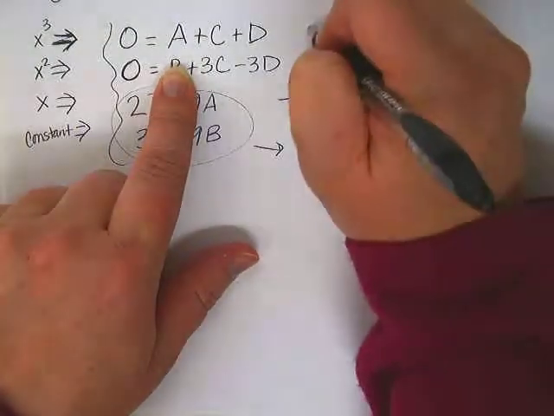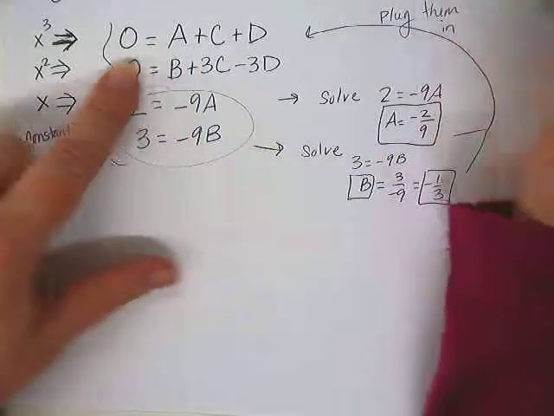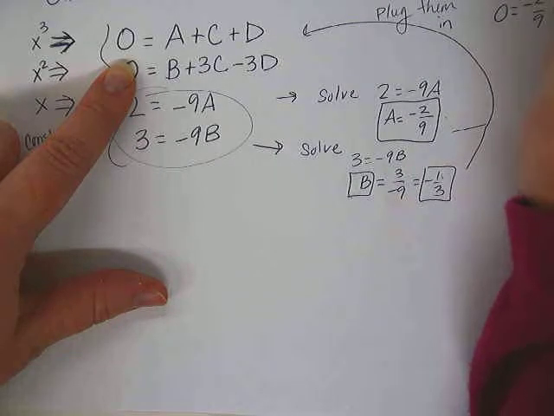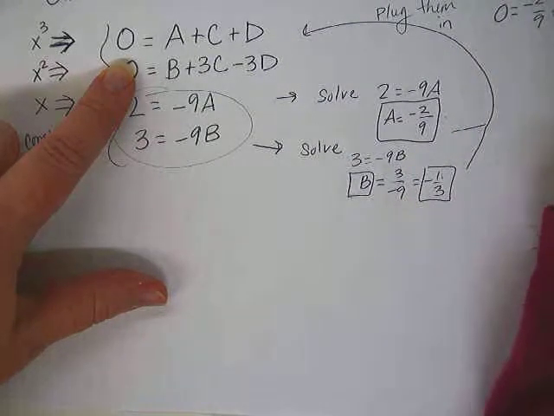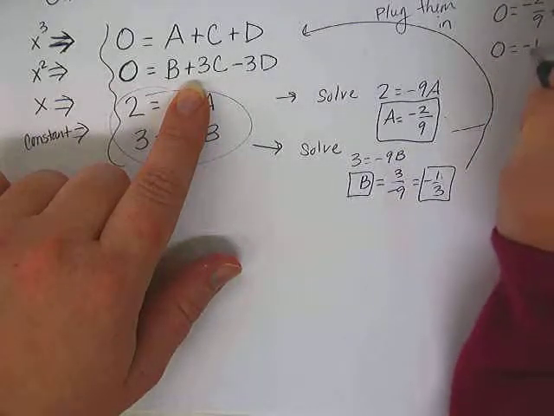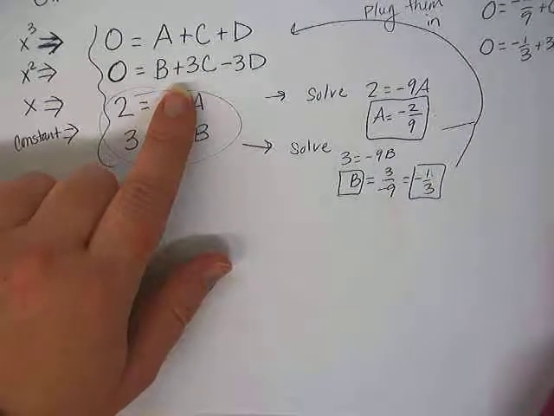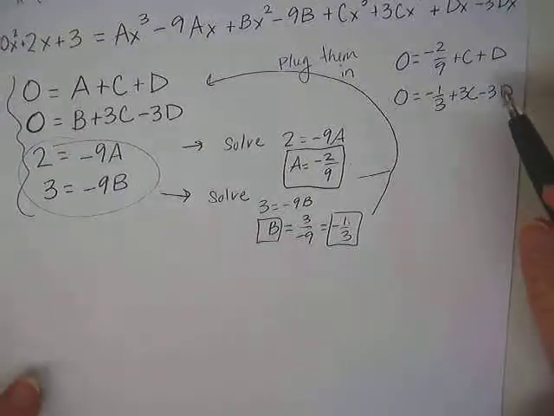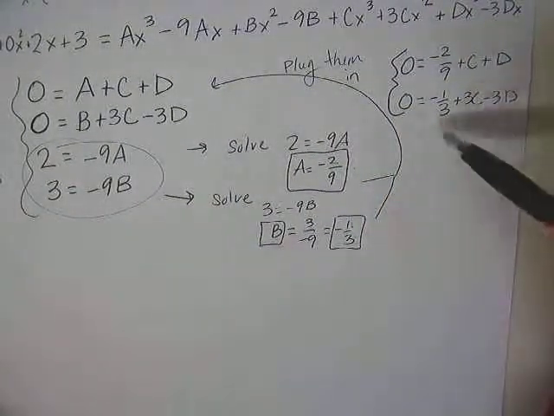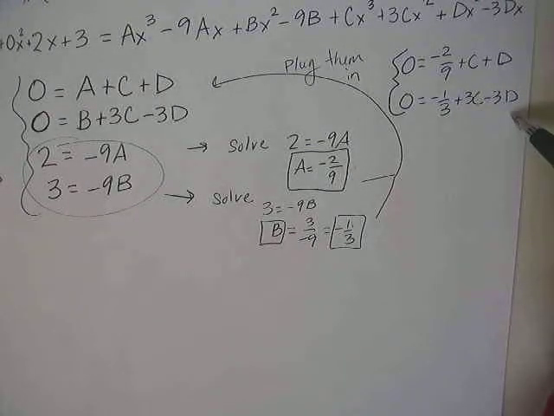Okay, so now we can take a and b and we can plug them in right here. So we're going to take these and plug them in. So we will have 0 equals negative 2/9 plus c plus d. And we will have 0 equals negative 1/3 plus 3c minus 3d.